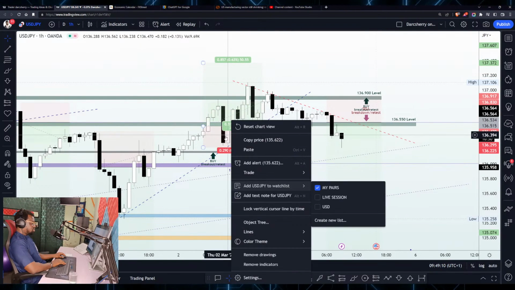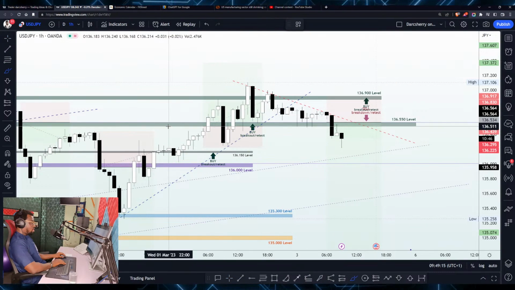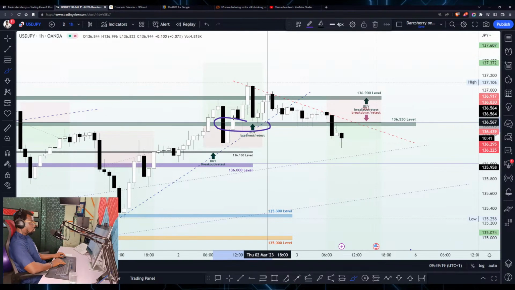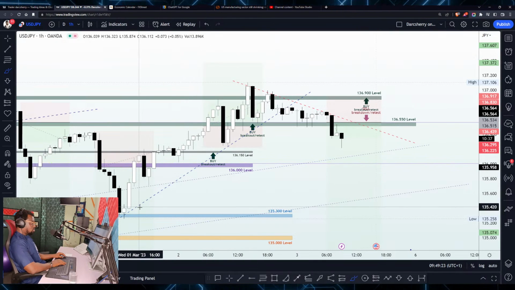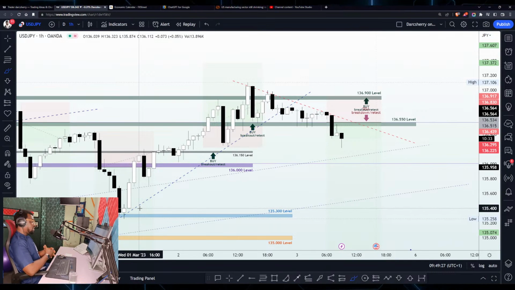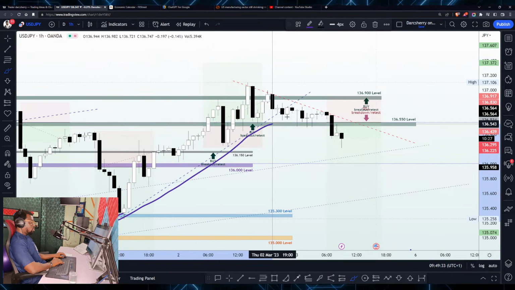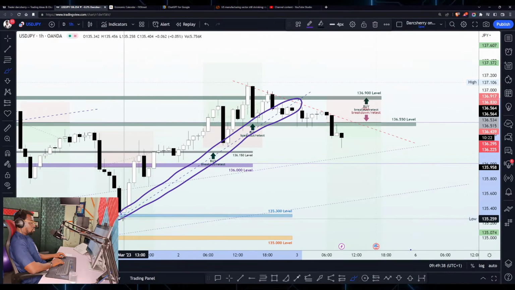Now, during the live session yesterday, we were around here, where we were anticipating price action to break out of the 136.550 level for another wave of bullish momentum. And to further guide our trading activity for the UK and New York session, we were able to identify this bullish trend line, which was guiding bullish momentum for like 24 hours.